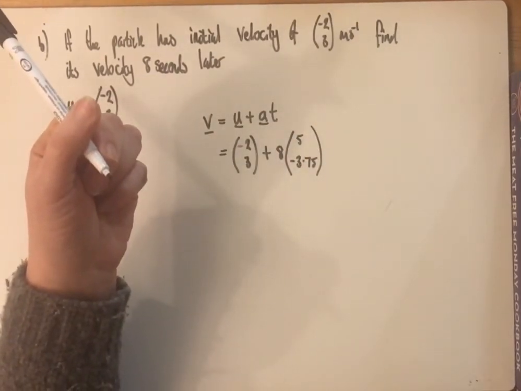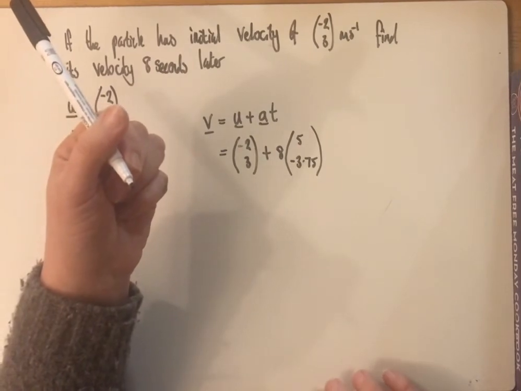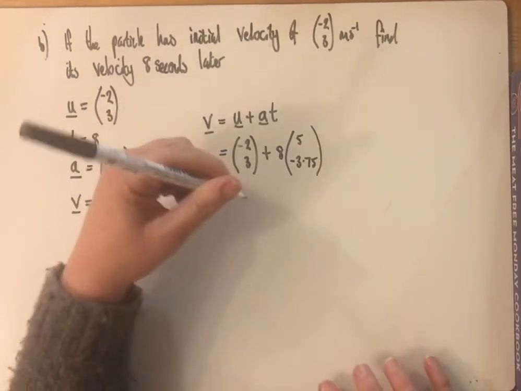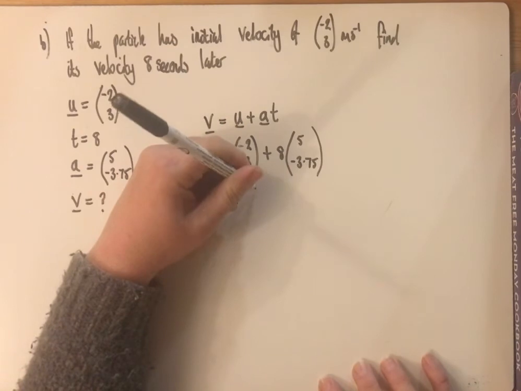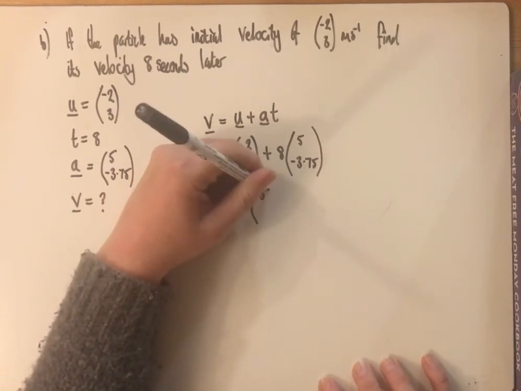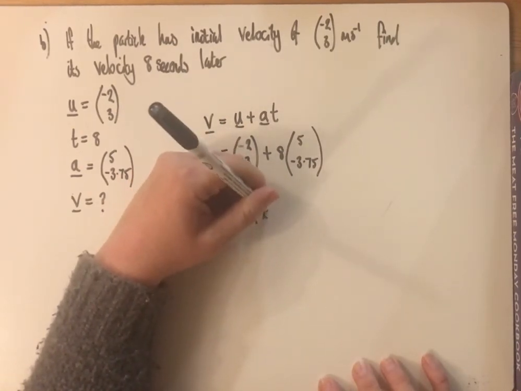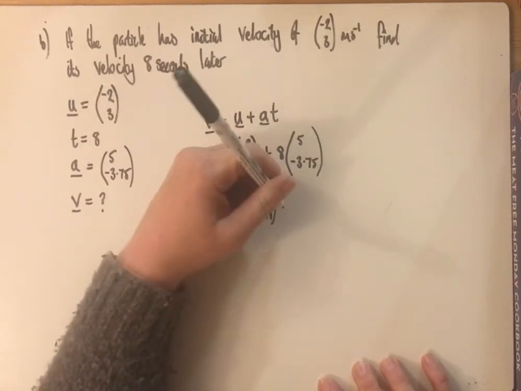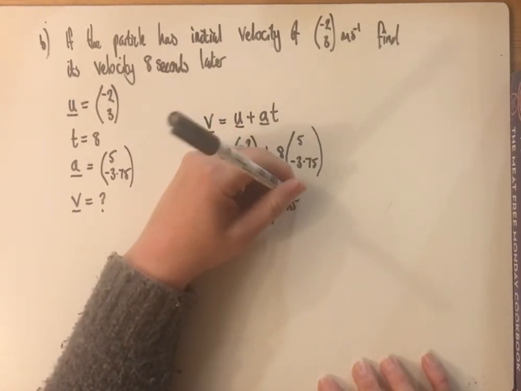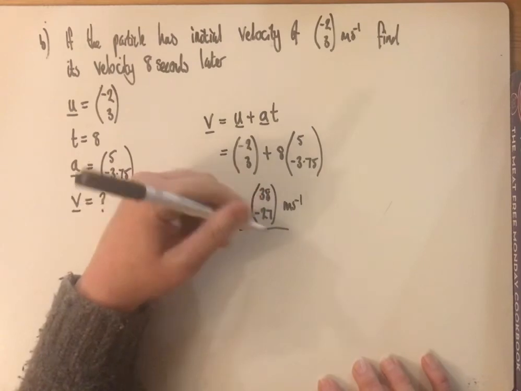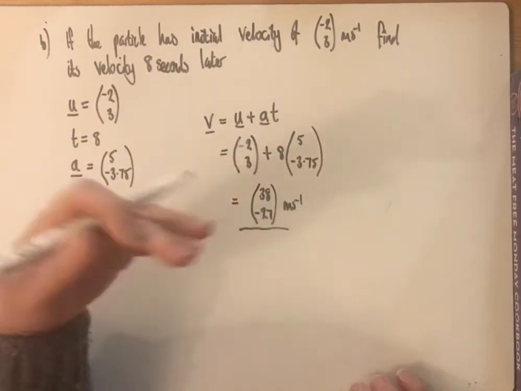And that gives you 38, minus 27 meters per second. And then you can find the magnitude of that using Pythagoras and the direction using trig.